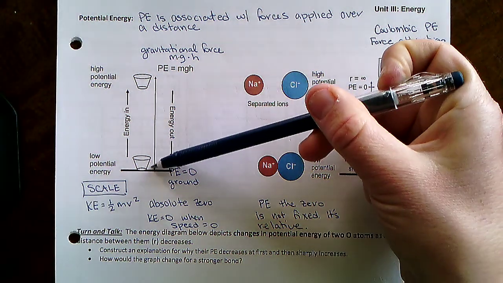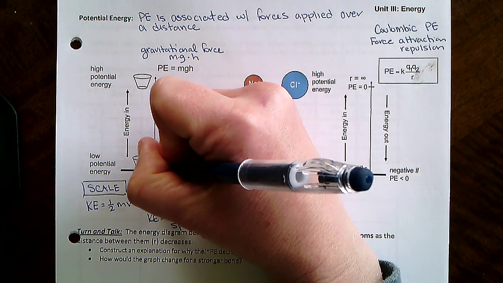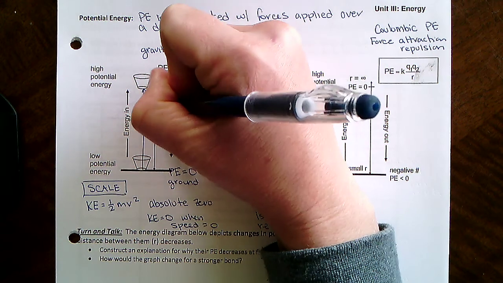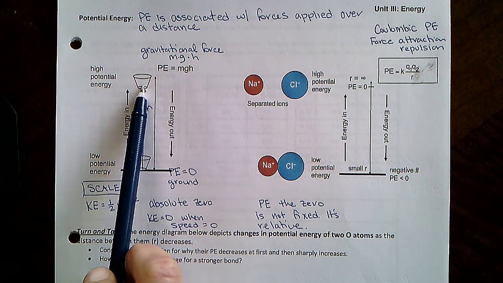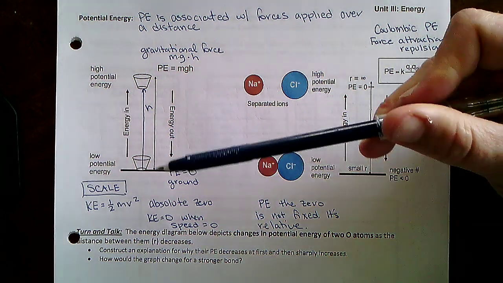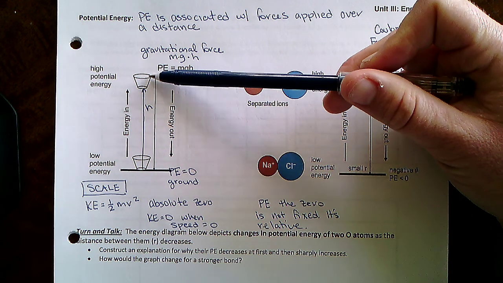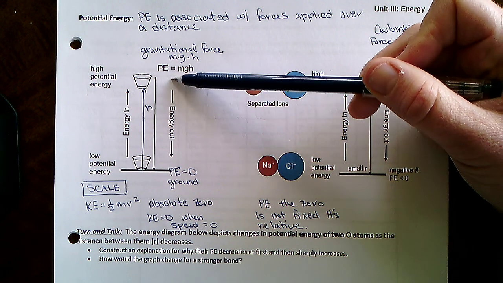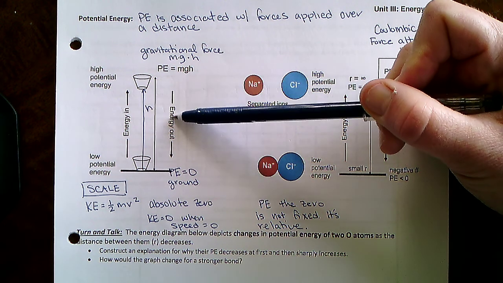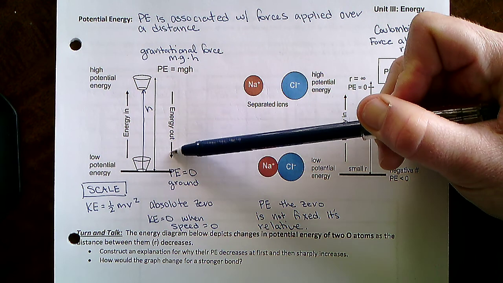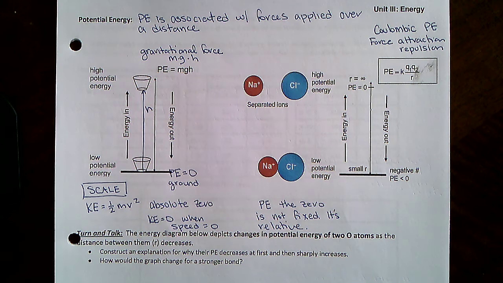If you were to raise the glass higher and higher above the ground, this distance here is h, the height above the ground. Now, higher and higher potential energy. And think about it, you'd have to put energy in to raise the glass. And when the glass falls, the potential energy is getting transferred out of the glass, out of the system, and it's getting converted to kinetic energy until the potential energy goes to zero.